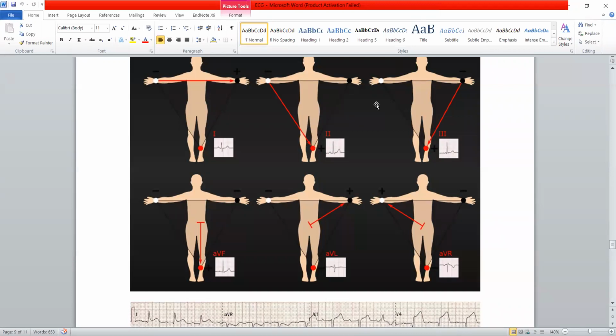The lateral surface of the heart is on the left side, or the lateral wall you can say is on the left side. So any lead present on the left side, lateral to the heart, or looking at the lateral surface, only those will be included in the lateral wall MI or changes in the lateral wall.